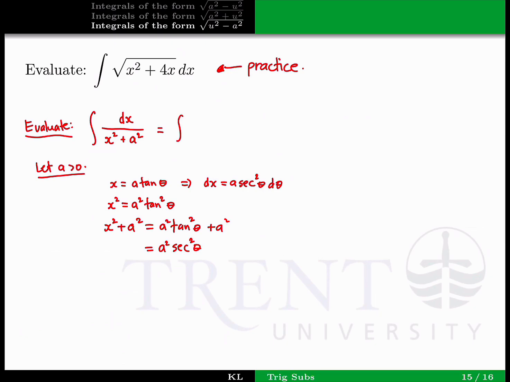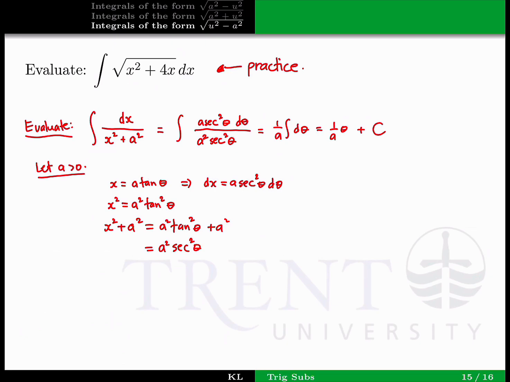Therefore, we will have the integral of a secant squared theta d theta in the numerator. On the denominator, you will have a squared secant squared theta. And this simplifies into 1 over a integral of d theta. And this one equals 1 over a theta plus the arbitrary constant c.